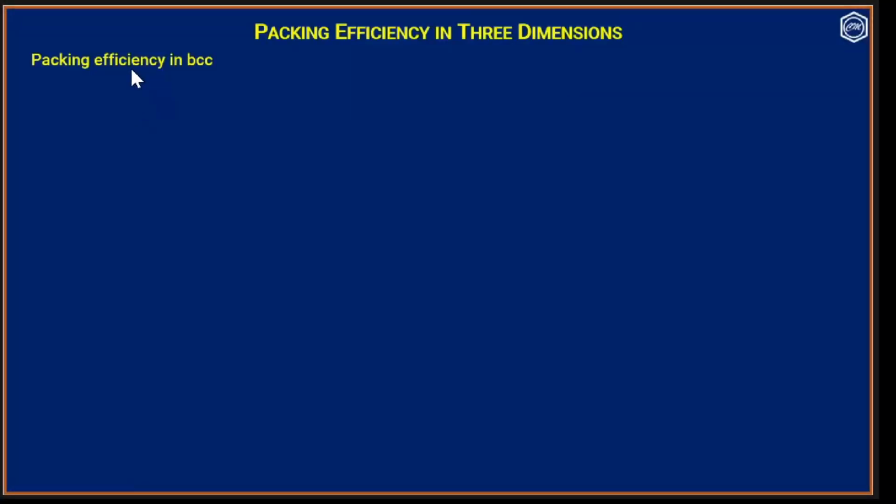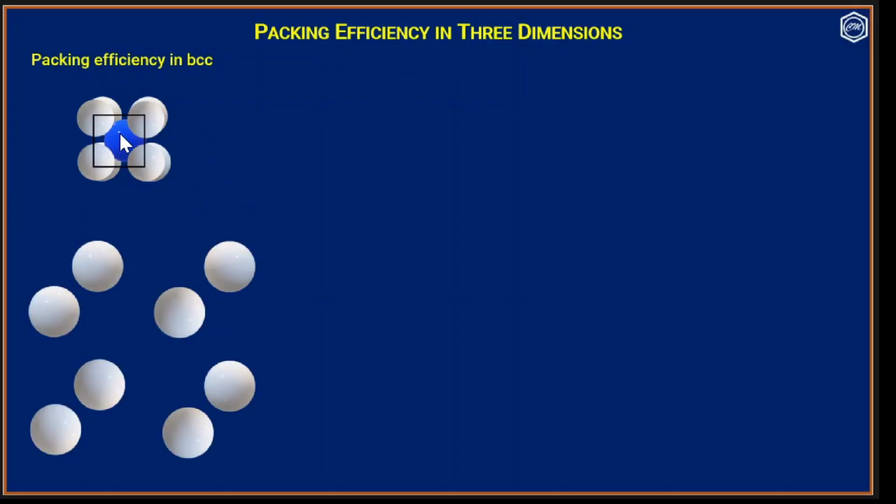Now the packing efficiency in BCC. Another type of close packing is body-centered cubic close packing. Atoms along the body diagonal touch each other. For ease of explanation, the structure is drawn in an expanded manner. This blue atom is the central atom, and these white spheres are the corner atoms.